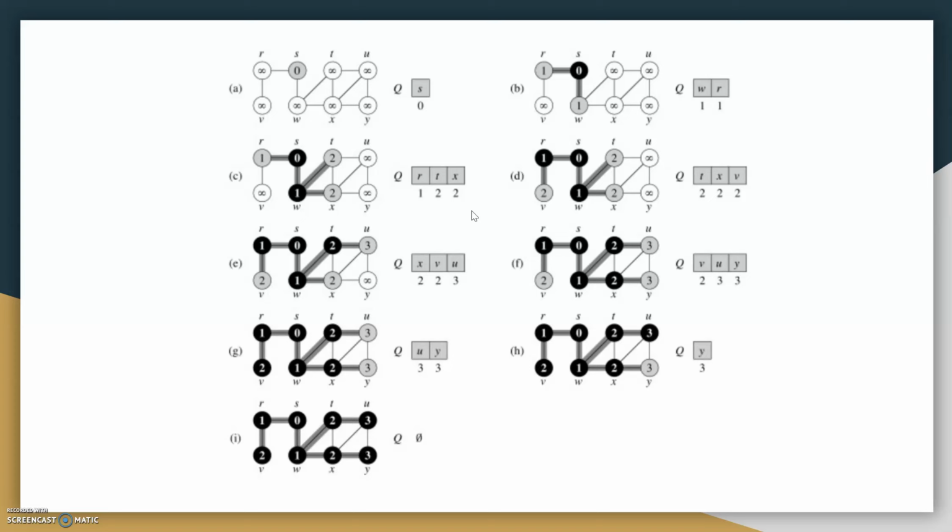And at step D, once they finish W, they go back to R because that's the first one that was reached.